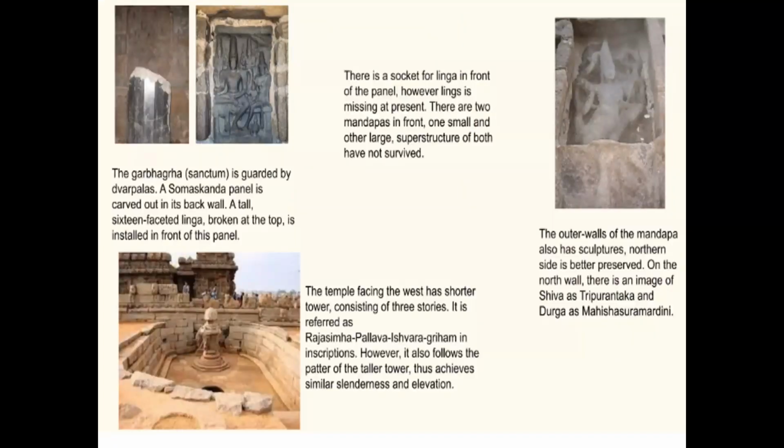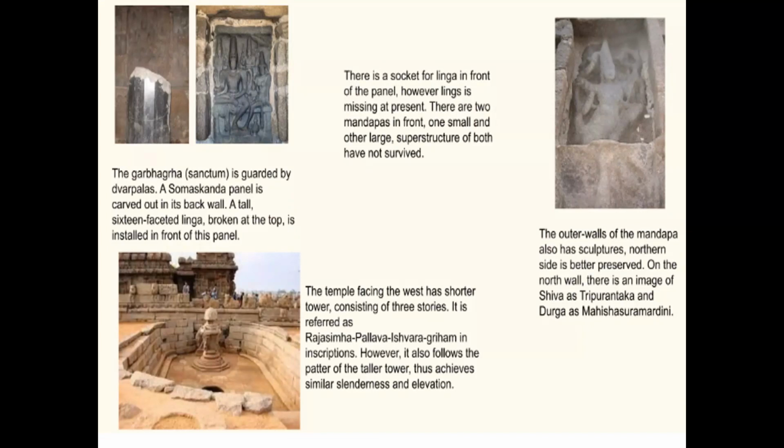There is a socket for a linga in front of the panel. However, the linga is missing at present. There were two mandapas in the front, one small and the other a large superstructure, but both have not survived.